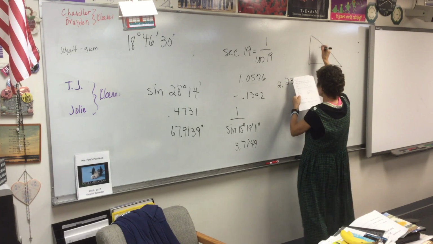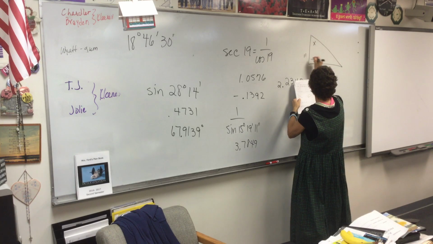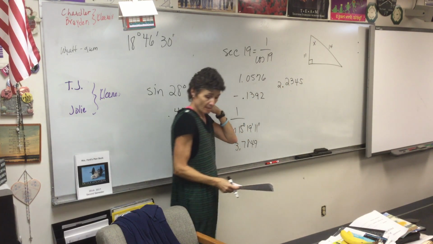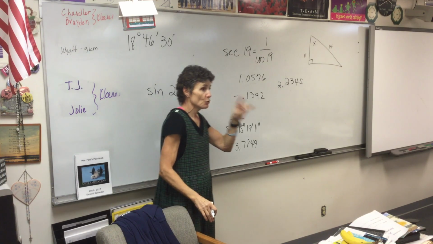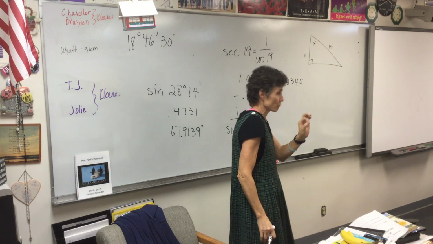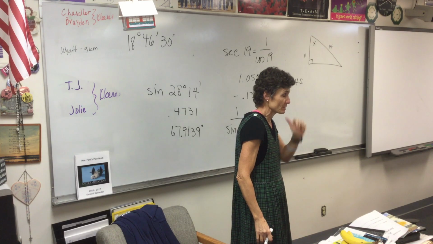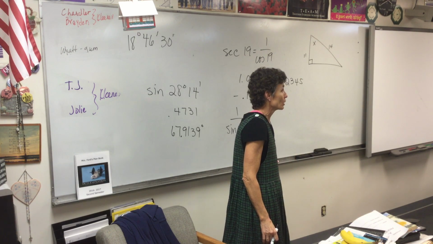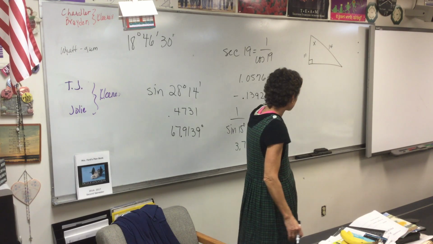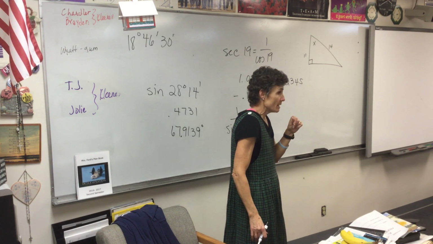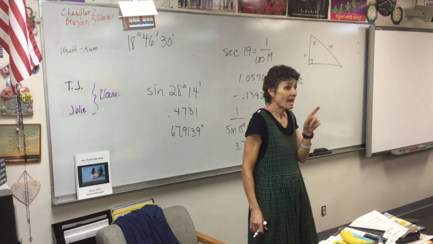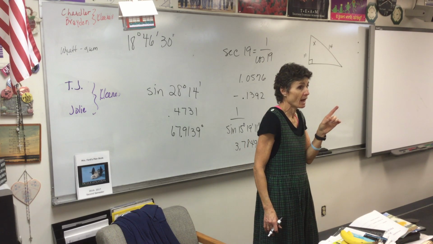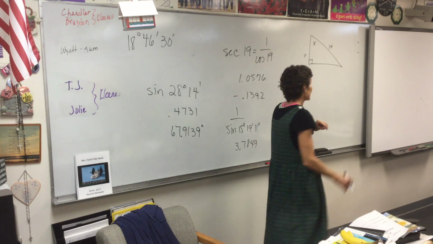All right, so we're going to find X. Anybody have an idea how to find X? I'll give you a hint. You are going to use trigonometry, either sine, cosine, or tangent. Which one is appropriate for this one? Cosine. Adjacent over hypotenuse. But I'm looking for an angle. So I don't use regular cosine, I use second cosine.